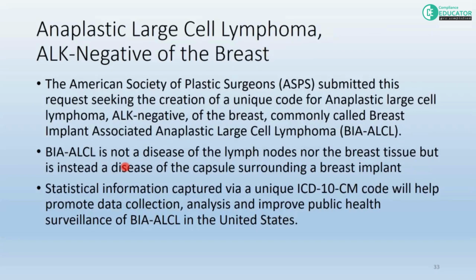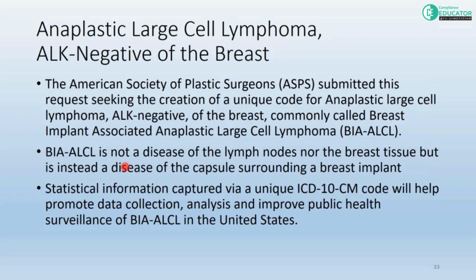The American Society of Plastic Surgeons is looking for a unique code. It's a unique situation where a patient has a breast implant associated with a cancer. What they talk about is it's not your traditional breast cancer of the lymph nodes and the breast tissue that we see, but rather it's a disease in the capsule that surrounds the breast implant.